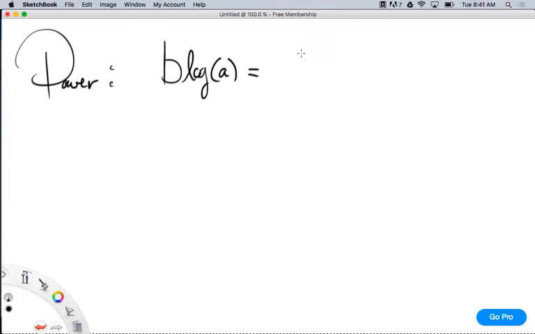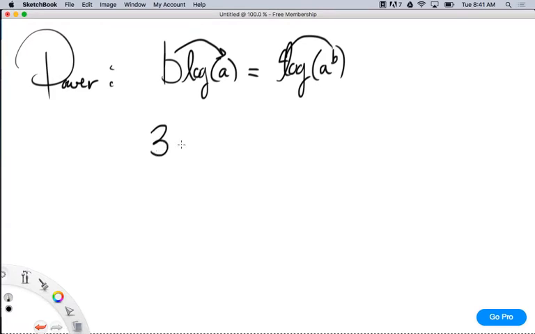B log A is equal to log of A to the B and vice versa. This one is a little trickier to deal with because you're just not used to this kind of thing. But the exponent comes there or the exponent could come back. Doesn't matter.